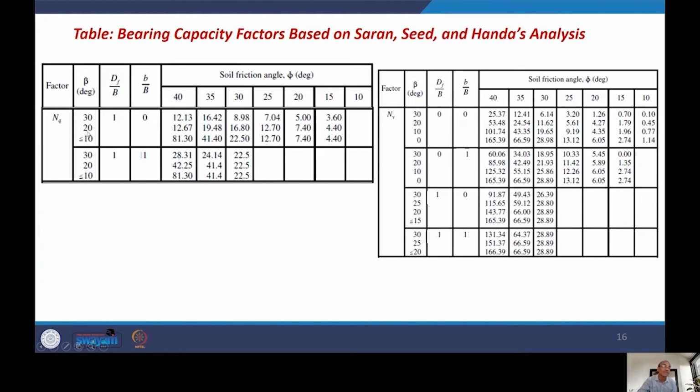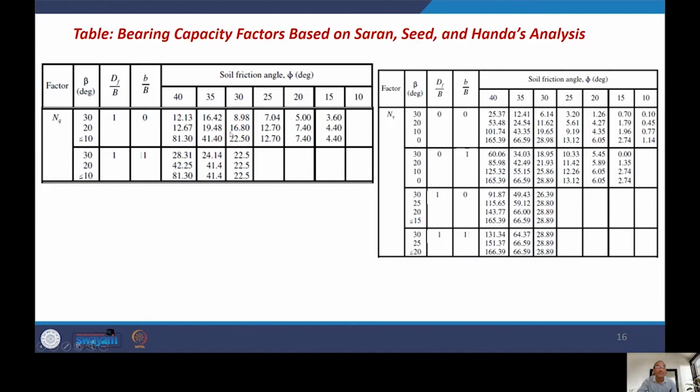Then for different values of beta, 10, 20, 30 degrees, you can pick up one value of beta, and the soil friction angle phi ranges from 10 to 40 degrees. So whatever the angle of internal friction is, select that angle, and let's say for a 30 degree angle, using 30 degree beta, you get the value here, 8.98.